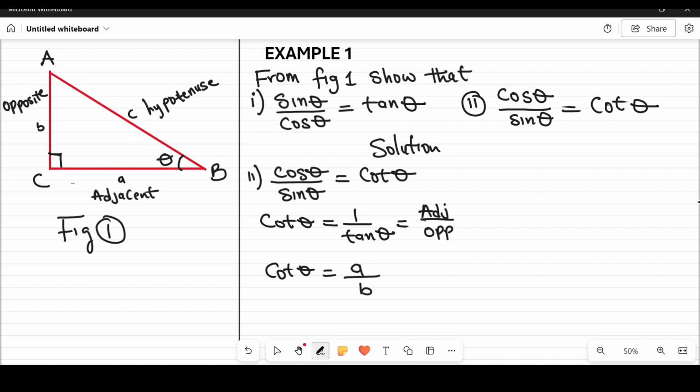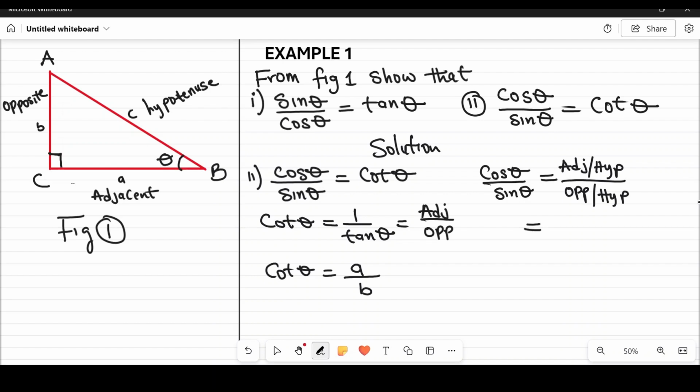We can now show that cos theta divided by sin theta is equal to, our cos is adjacent over hypotenuse, and our sine is opposite divided by hypotenuse.